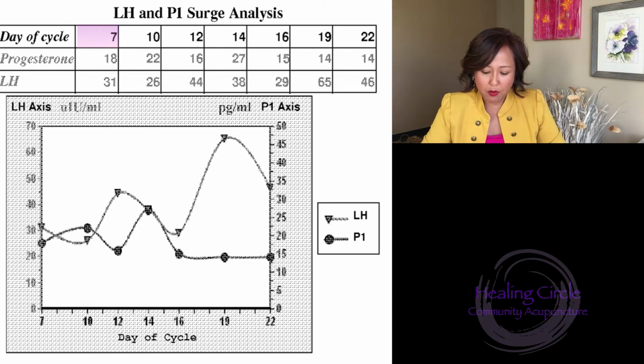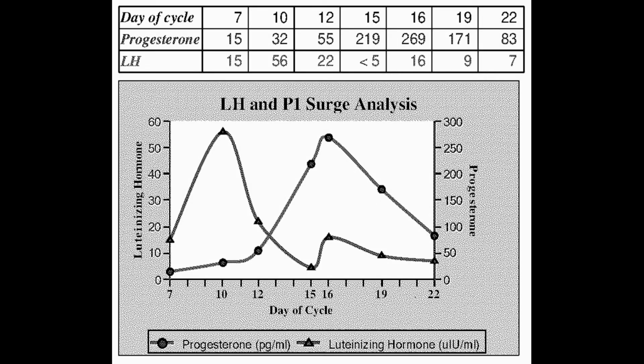Whereas for one other patient, at cycle day 8, her luteinizing hormone was registering at 8. So 8 is a bit too far from 30, so we need to improve that. And on another patient at day 7 of a saliva test, her luteinizing hormone was at 15. So she's halfway to that 30.